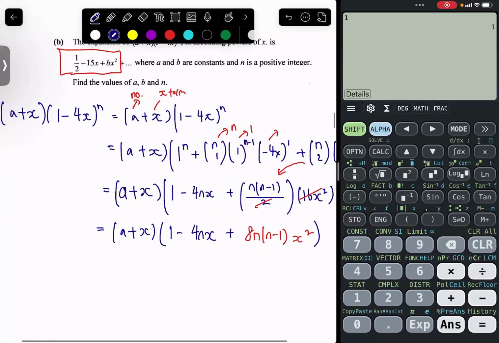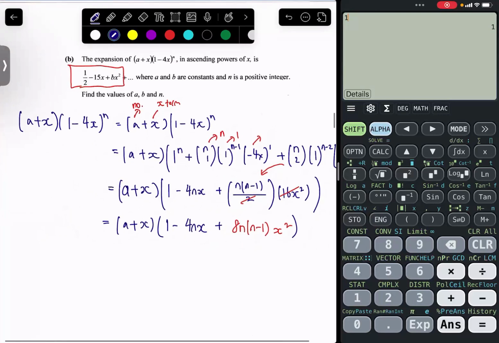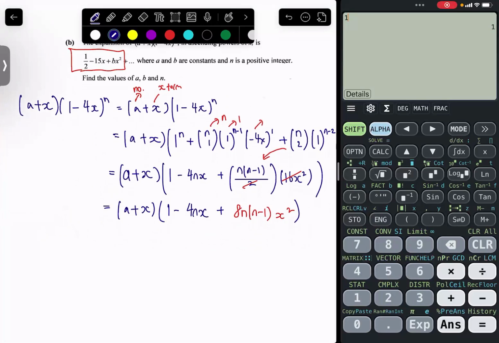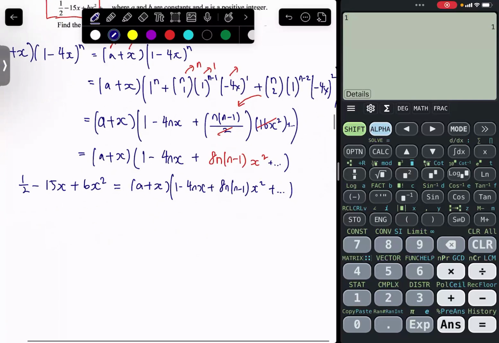Now the first three terms are 1/2 − 15x + bx², which is the result of (a + x) times (1 − 4nx + 8n(n − 1)x² + ...). Let's look at the number term.